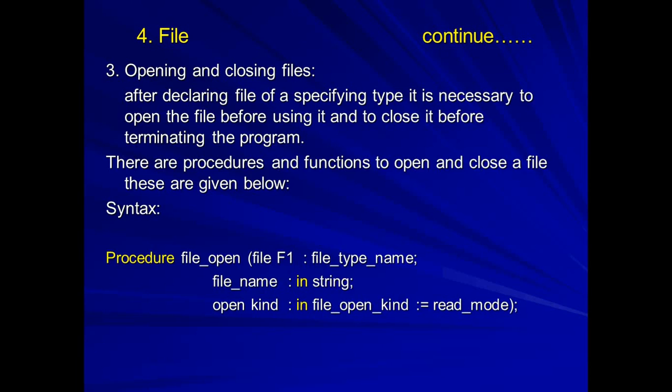Third, opening and closing of file. After declaring the file of specified types, it is necessary to open the file before using it and to close it before termination of the program. Hence, there are procedures and functions to open and close a file. Let's see the syntax of opening and closing file. procedure file_open (file f1 : file_type_name; external_name : in string; open_kind : in file_open_kind := read_mode).